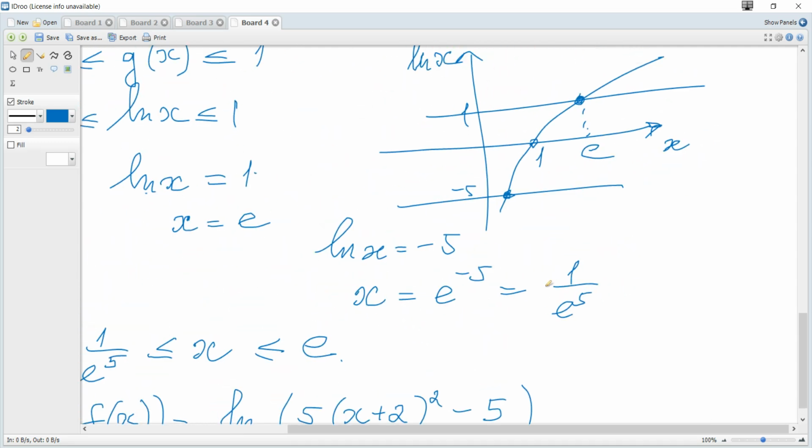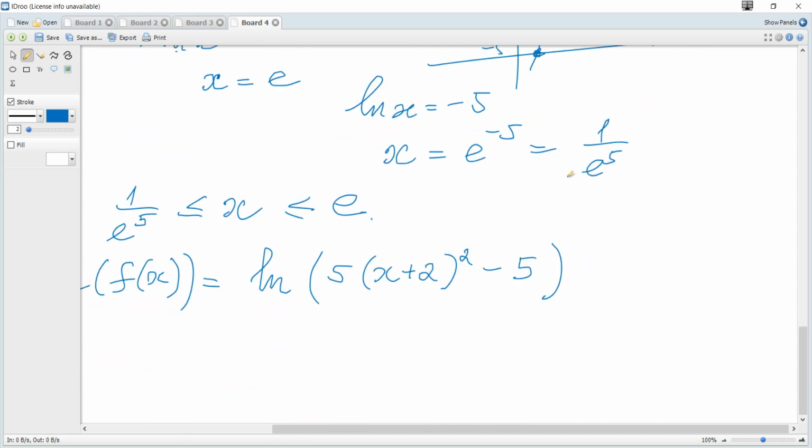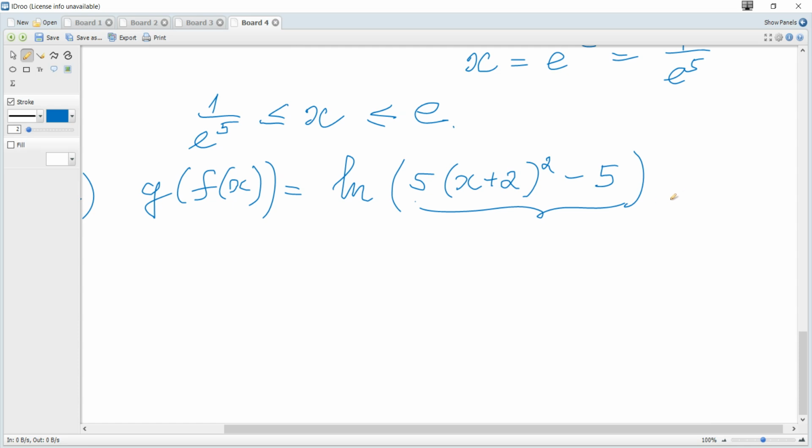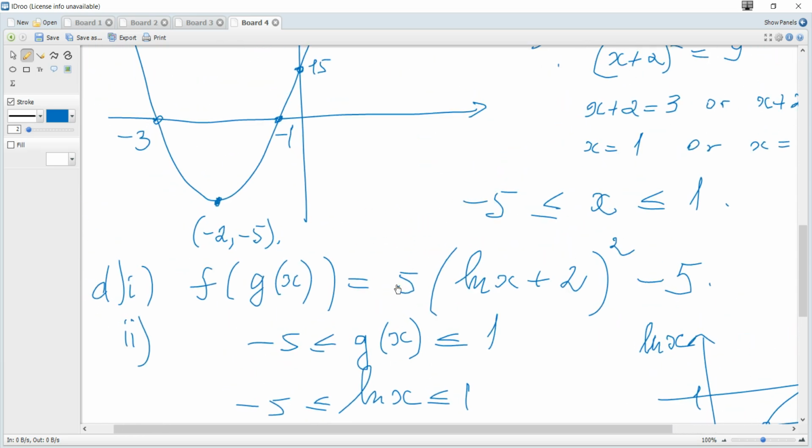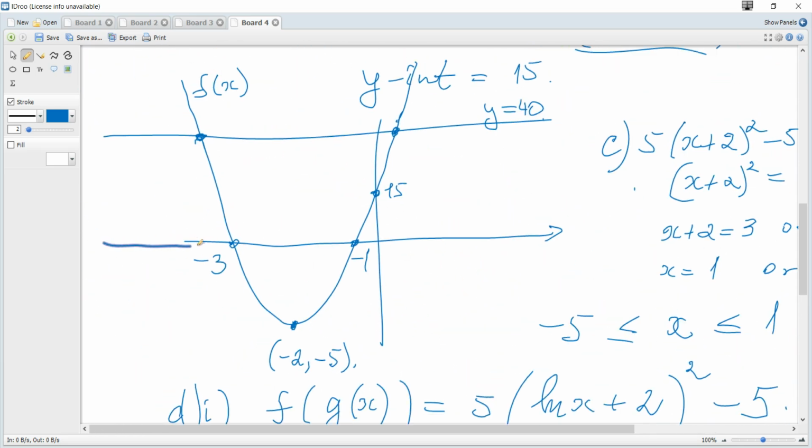But again, the same graph, you can see that ln has a domain, and for the domain of ln its argument should be strictly greater than 0. So we can say that y values for our function f should be strictly greater than 0. And we should solve, again using our parabola, y values to be positive.